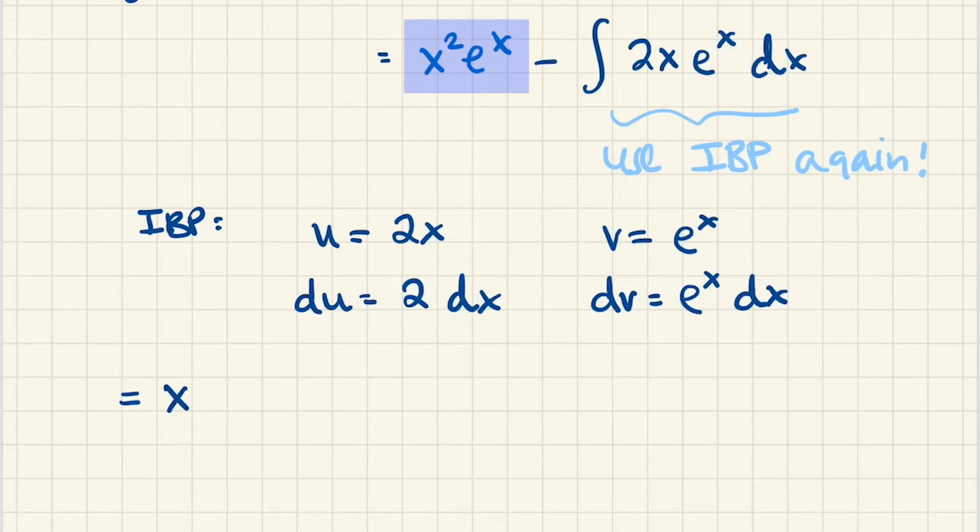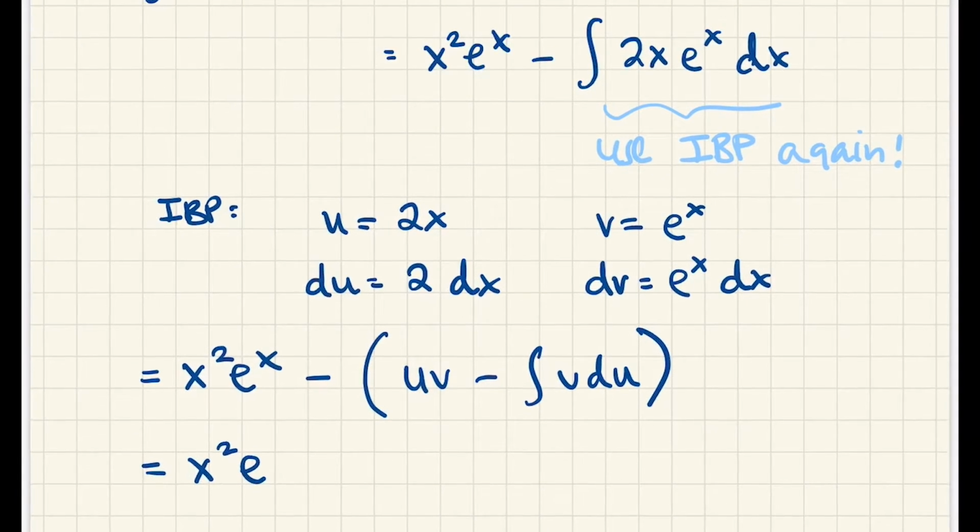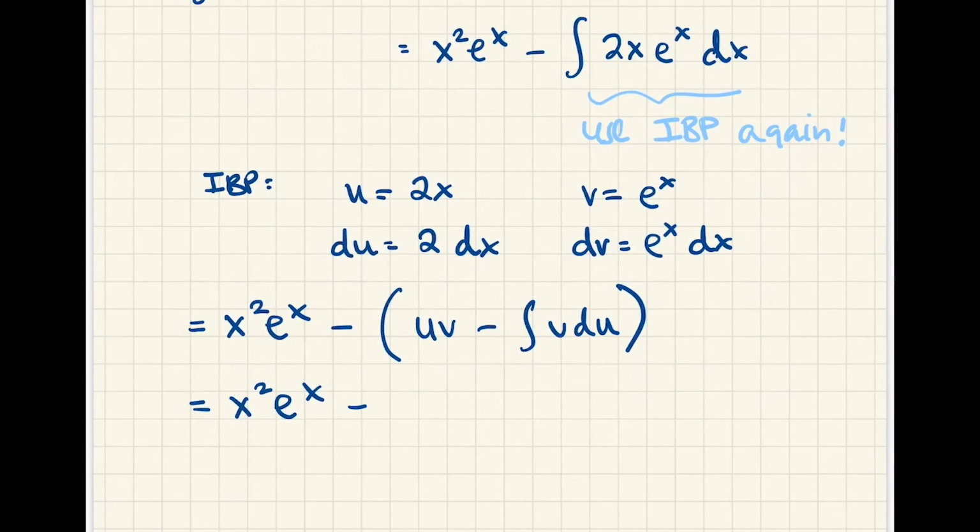Well, we have this term x squared e to the x, and now we're subtracting a new ultraviolet voodoo. So that's x squared e to the x minus u times v, which is 2x e to the x, minus the antiderivative of v du. So that's 2 e to the x dx.